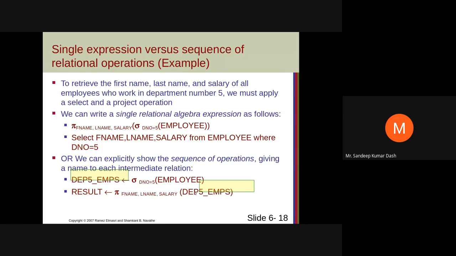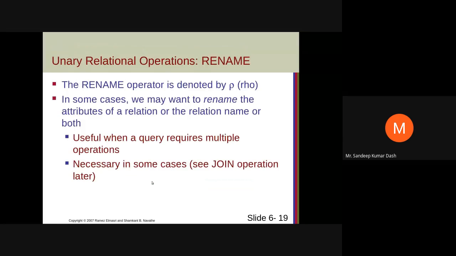Then from those 4 rows you are selecting the 3 columns which is the result. So this way also you can express. Okay, this is an intermediate name only which is given to the 4 rows where department number equals 5.